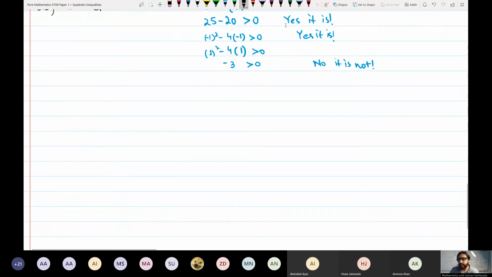Let's try more. All right, so this new one: x squared minus x plus 6 less than 0. What's the step? Ignore the inequality, solve for the roots. 3 and 2.